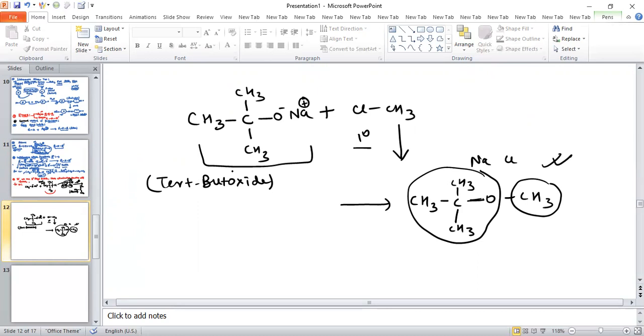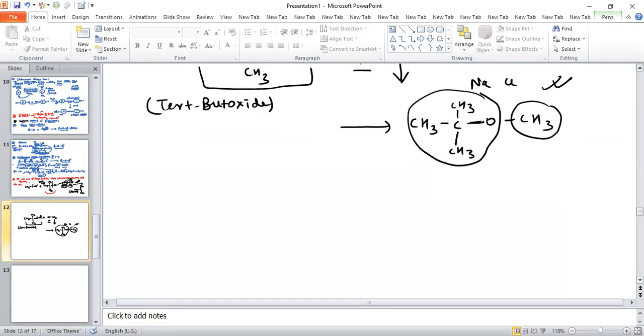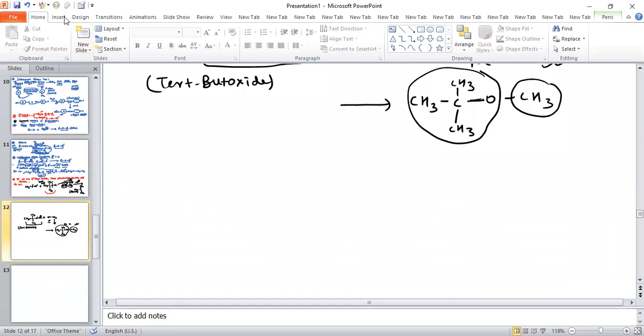So these are some related reactions. You can also prepare ether by a dehydration reaction. See another method for the preparation of ether. One more reaction I am going to discuss with you.